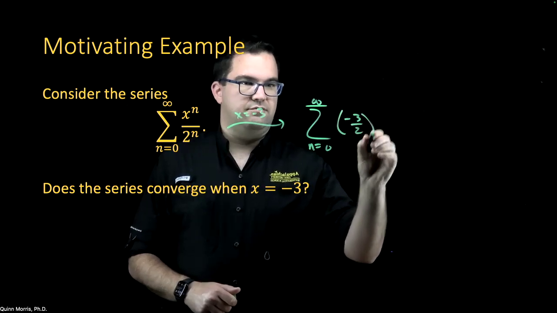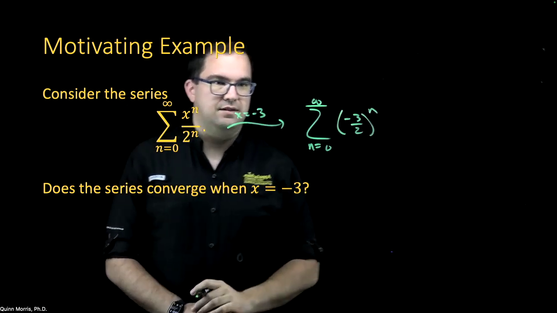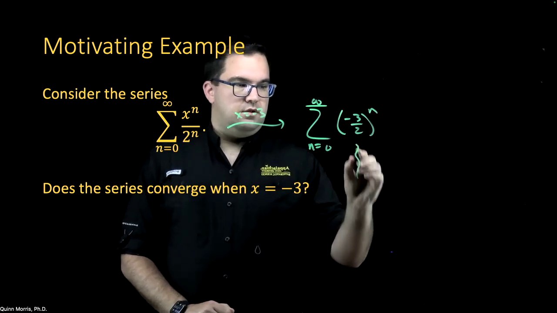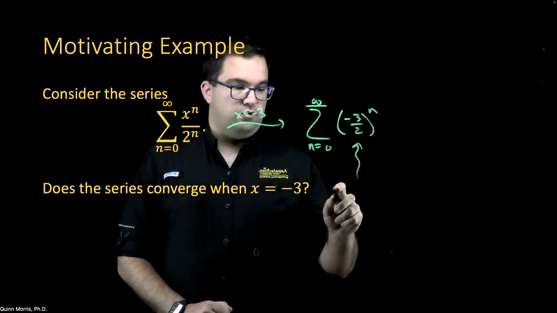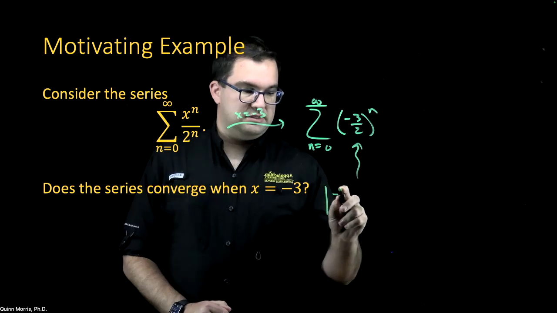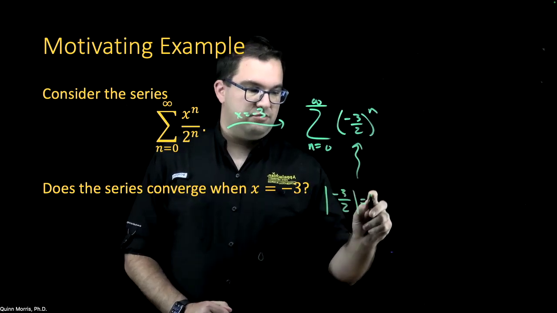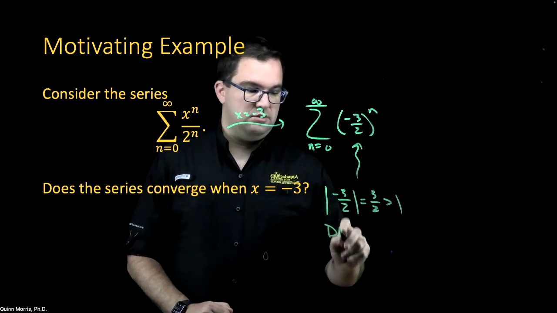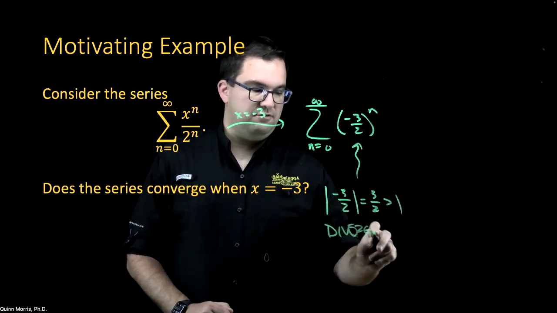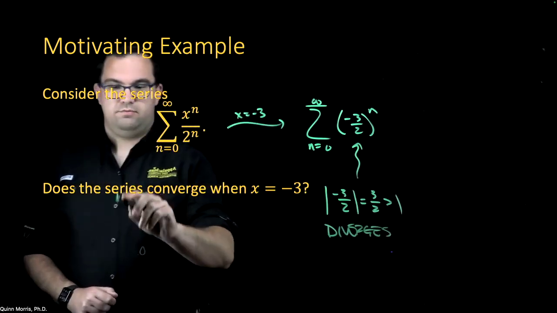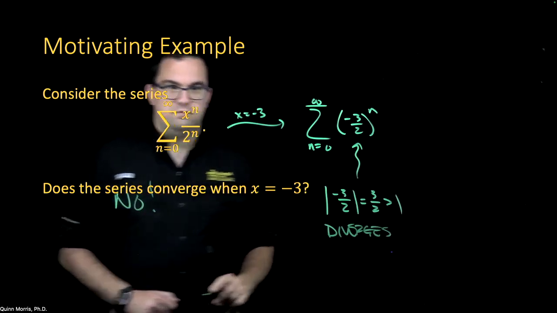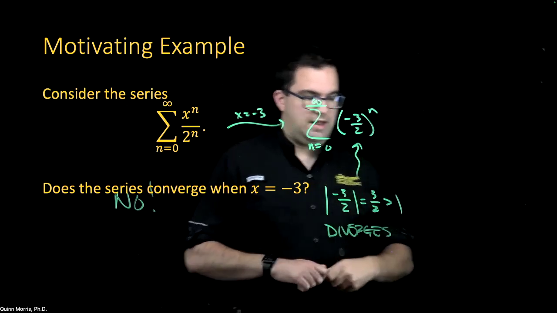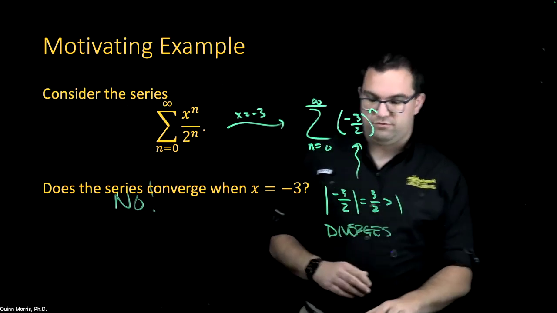This will become (-3/2) to the n. This is a geometric series, and if I look at the absolute value of -3/2, that's 3/2, which is greater than 1, and so this geometric series diverges. So no, this series does not converge when x is equal to -3.